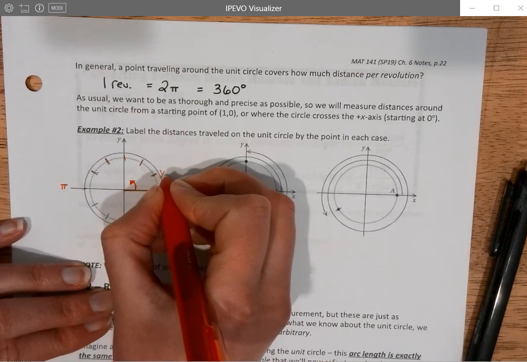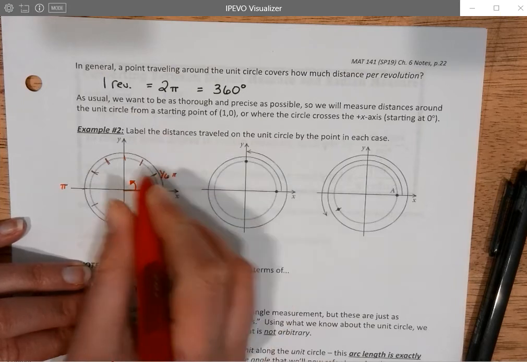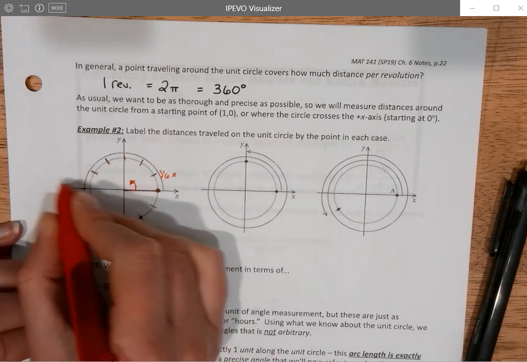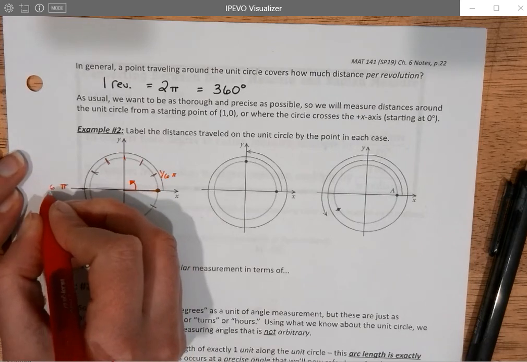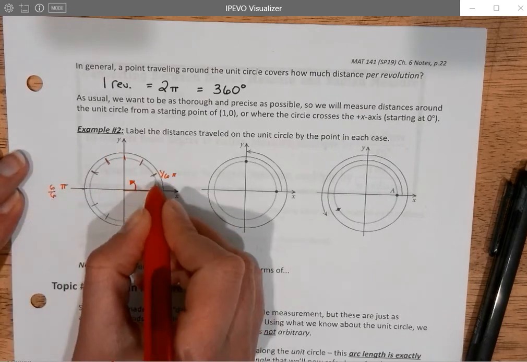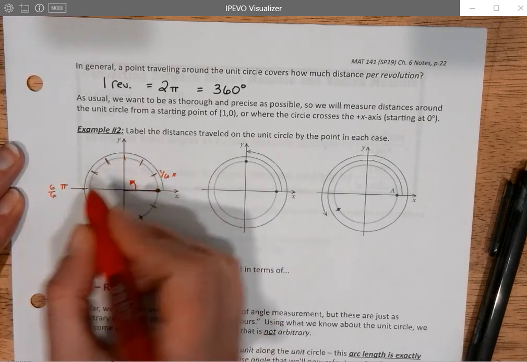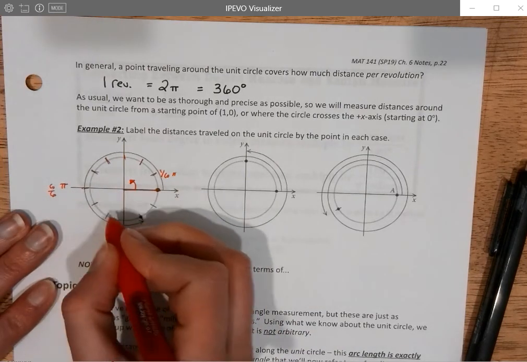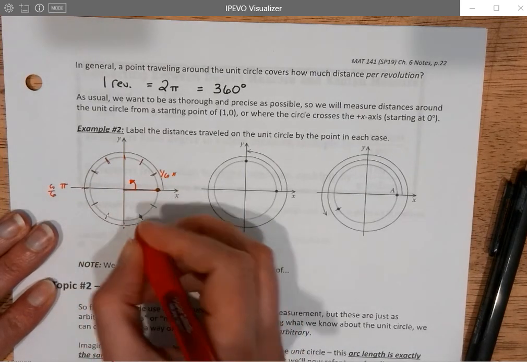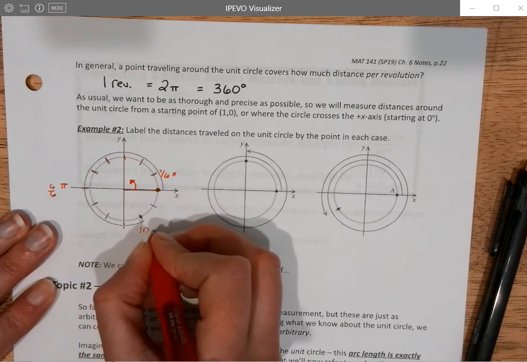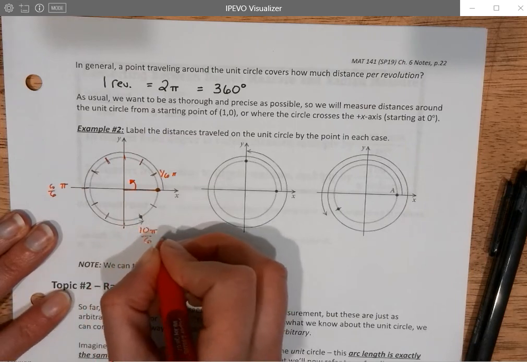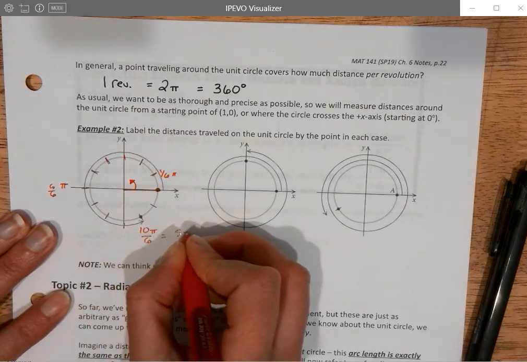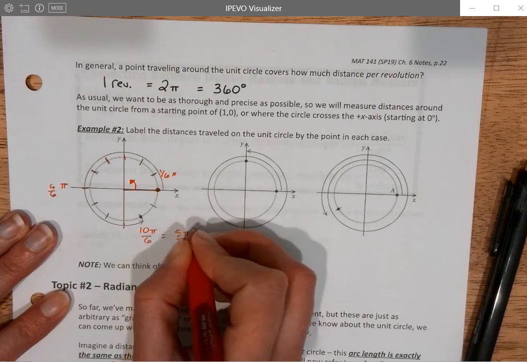So this has to be 1/6 of pi, 2/6, 3/6, 4/6, 5/6. So I get 6 sixths right back here. If I count 1, 2, 3, 4, 5, 6, that gets me back to pi. Then I have 7/6, 8/6, 9/6, 10/6. So this is 10 pi sixths, which reduces to 5 pi thirds. That would be the distance around to this point.